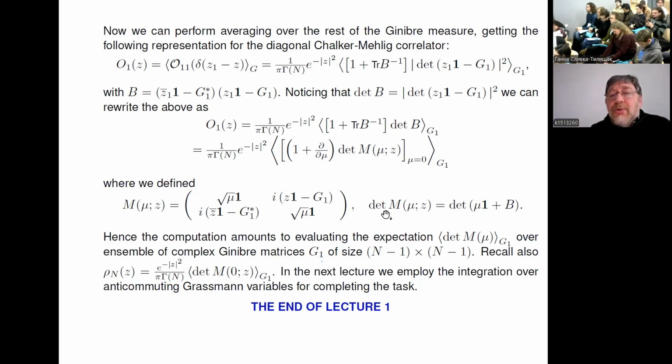Then it's easy to check that the determinant of this matrix M, which depends on two parameters, Z and mu, is just equal to the determinant of mu times the identity matrix plus our matrix B. So taking the derivative over mu, we just reproduce this.